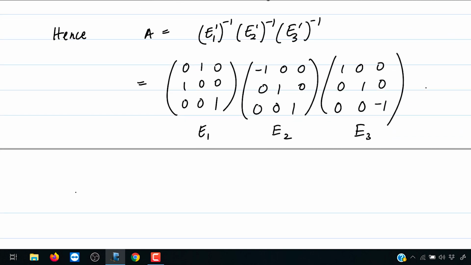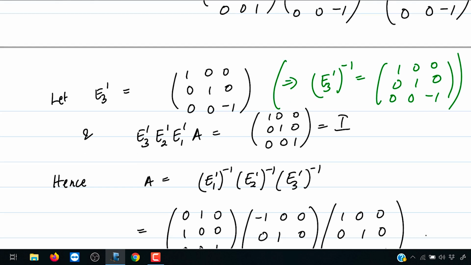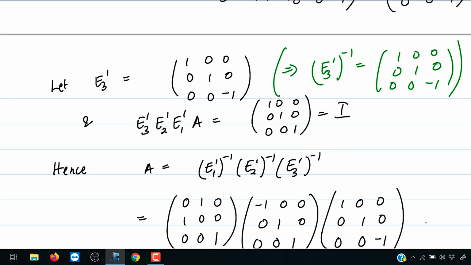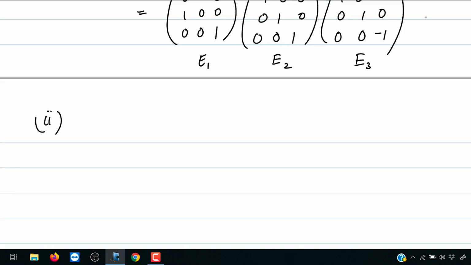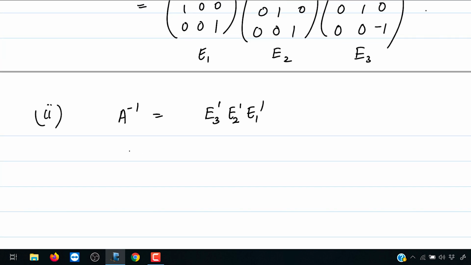So this is the second part, which has to compute A inverse. A inverse, if you notice, is from here just the product of E3 prime, E2 prime, E1 prime. So let's just write it down.